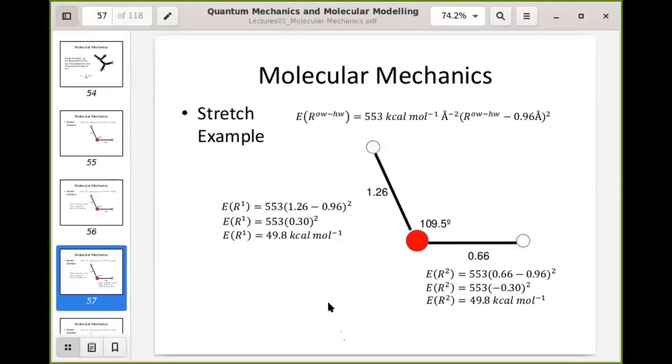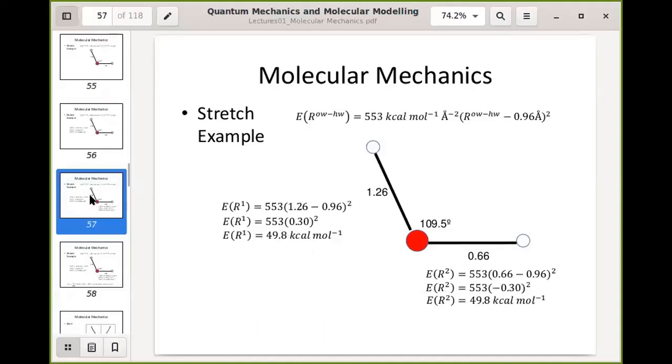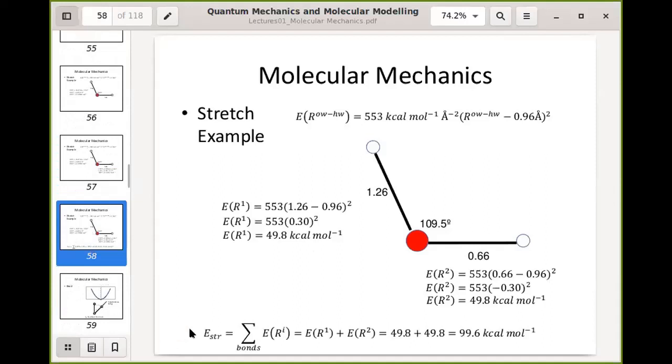In general, it won't be exactly the same, but ultimately you need an energy value for every bond in that molecule. And when you sum it, the sum is simply two terms. We just need to add these two numbers together to get a total energy for the molecule of 99.6 kilocalories per mole. And obviously, this molecule isn't going to want to stay in this case.